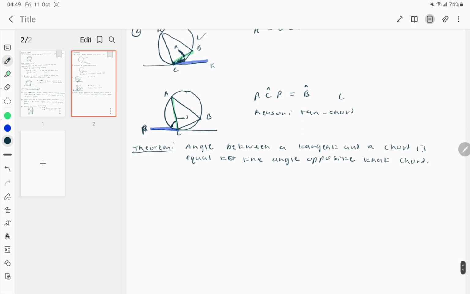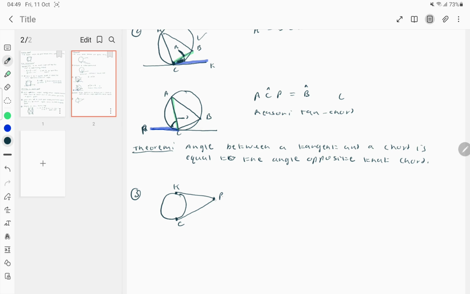Yep, that's the tan chord theorem. And then the third theorem under tangent is that tangents from the same point are equal in length. So I have my circle, and then I have a point outside. As long as they start at the same point, which is P, and then we put PK and PC.